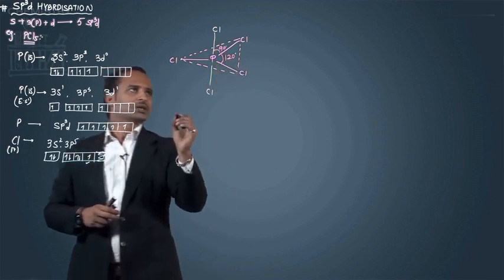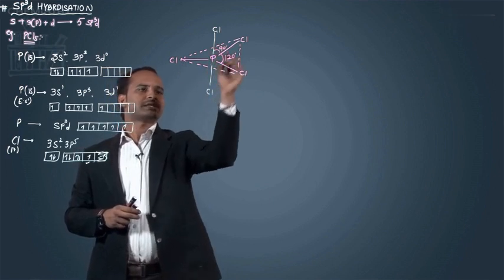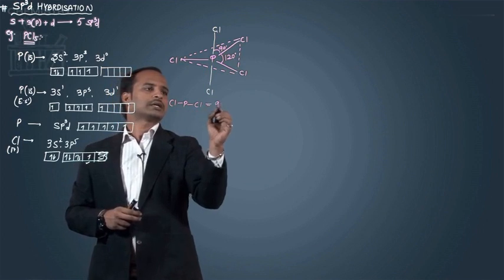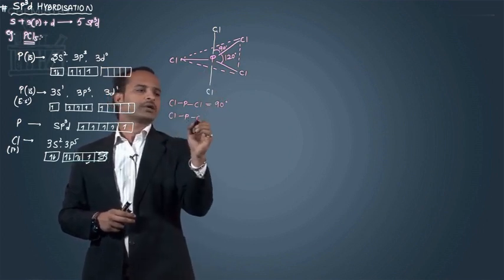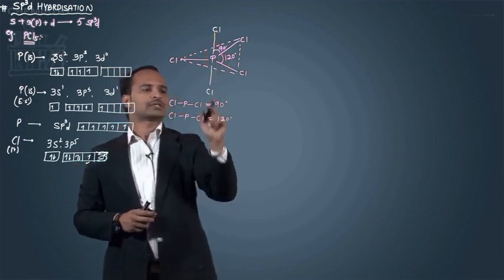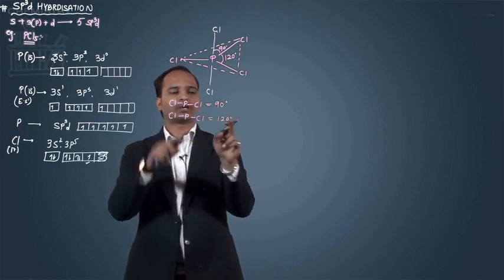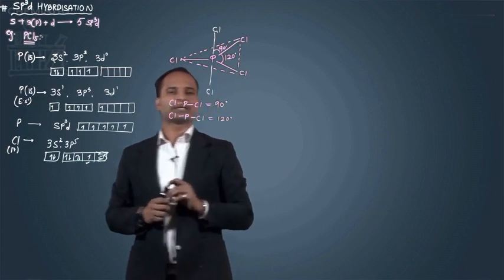So in this case we have two types of Cl-P-Cl bond angles. One is 90 degrees, for the perpendicular ones, and the other is 120 degrees. This is the axial chlorine and this is the equatorial chlorine. The equatorial chlorines form a 120 degree angle, and the axial chlorines form a 90 degree angle.